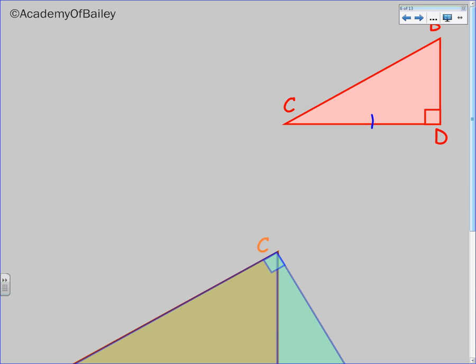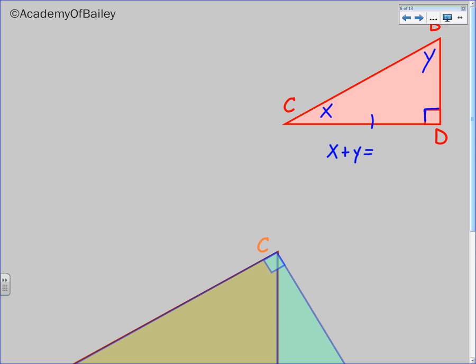Let's look up here at the pink triangle. We do know that if we allow this angle to be x, and this angle here to be y, x plus y must equal what?